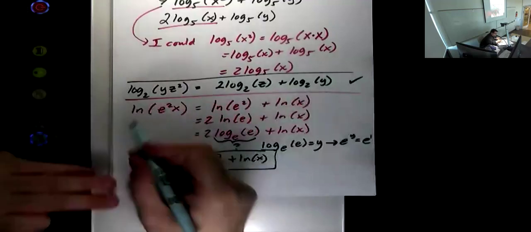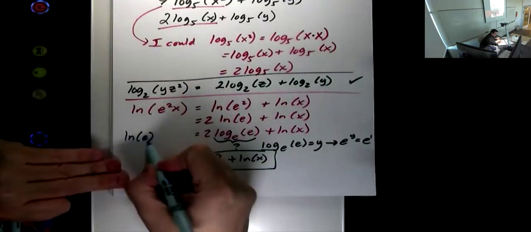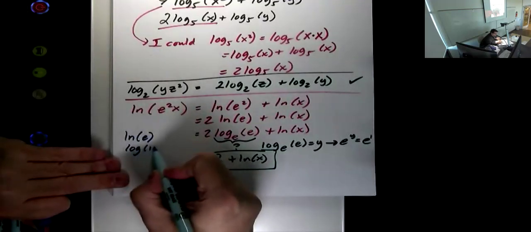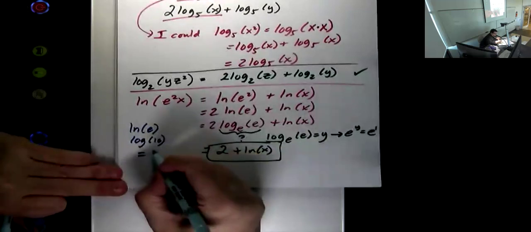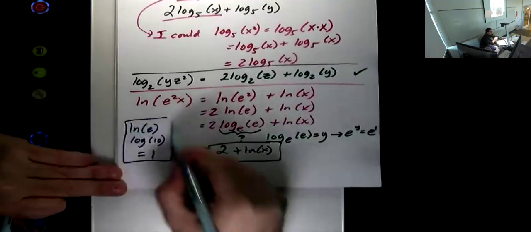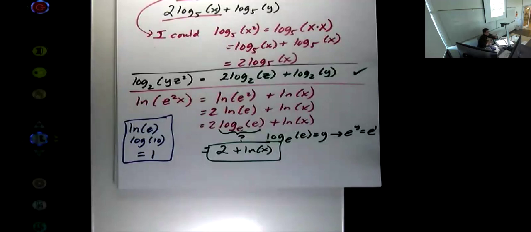So worth remembering, natural log of e and log of 10 with no base, these two equal 1. That's worth flashcarding, because you'd be surprised how often students forget this, and they're in like Calc 3 and stuff. Well, if e was changed out for any other number, like log base 15 of 15, would it still be 1?